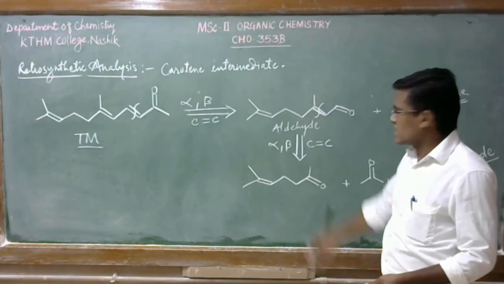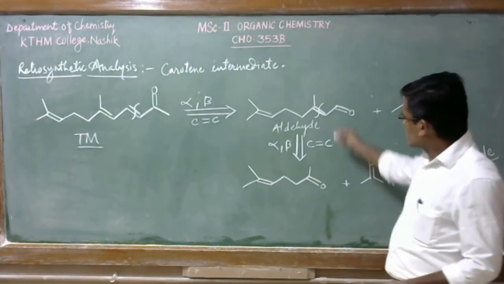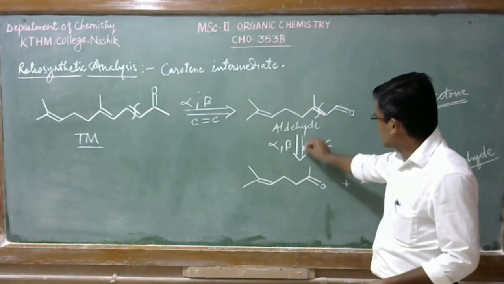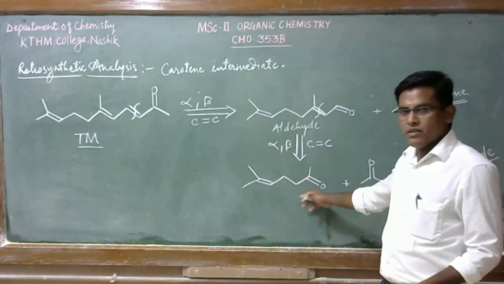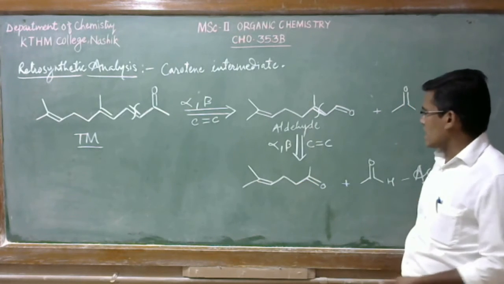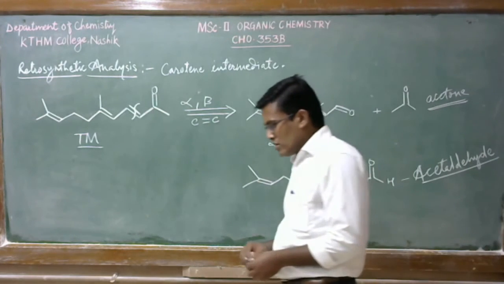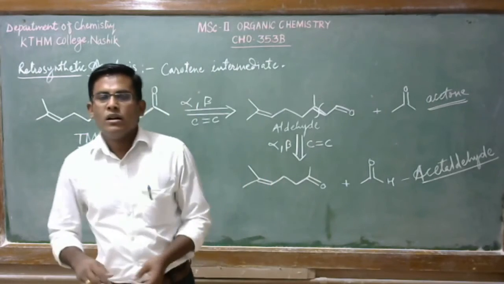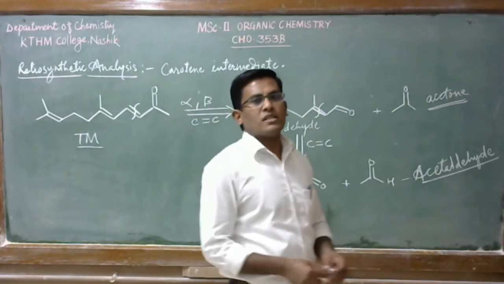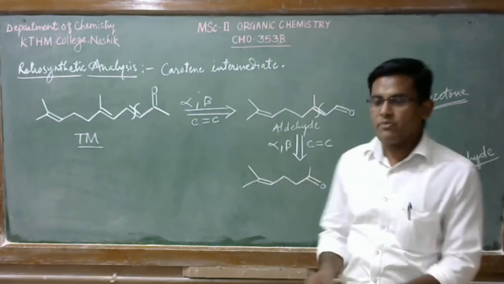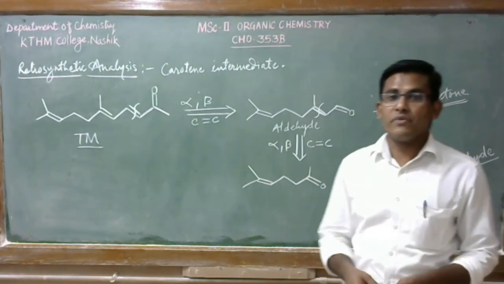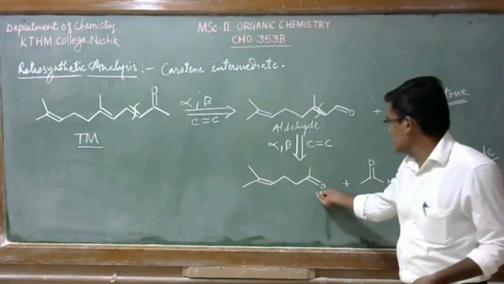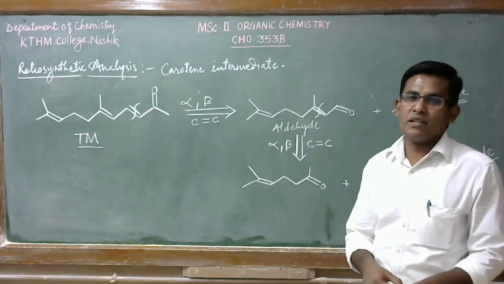When you cleave this carbon-carbon double bond, we could get this ketone and acetaldehyde. So here in the forward synthesis, when you use the enolate of this acetaldehyde and try to react with this ketone, this reaction will fail.